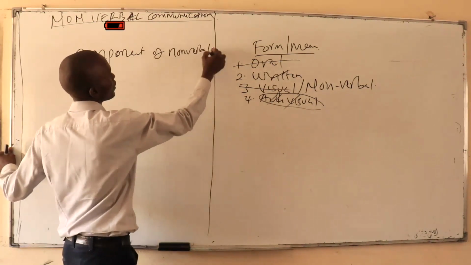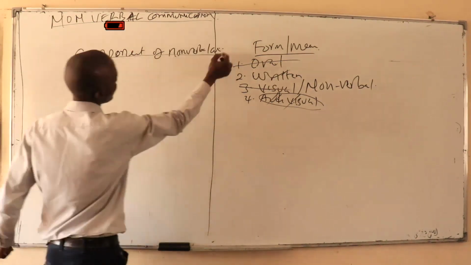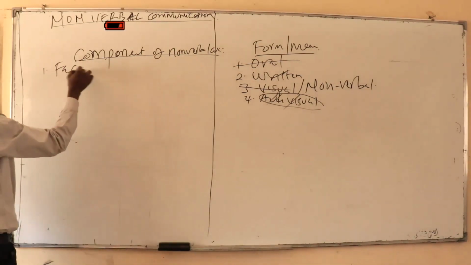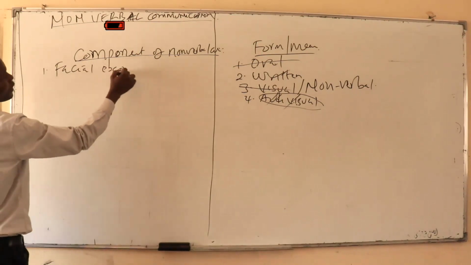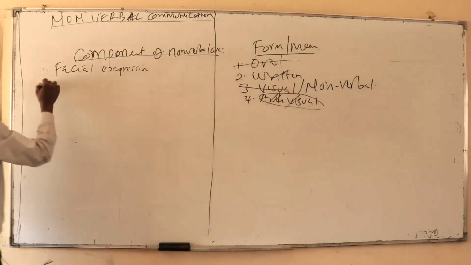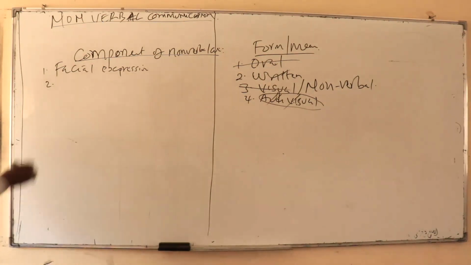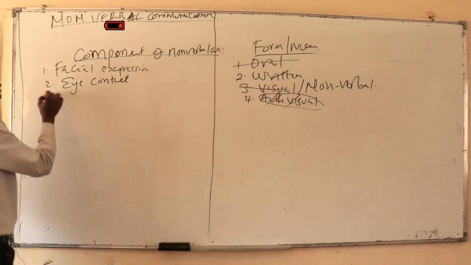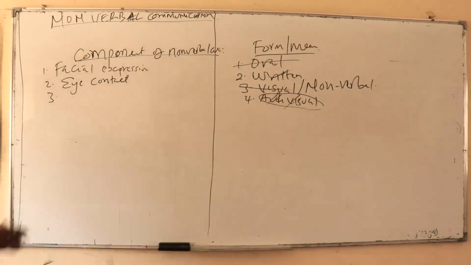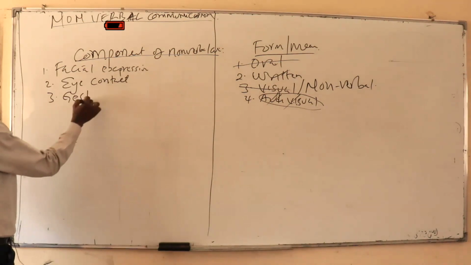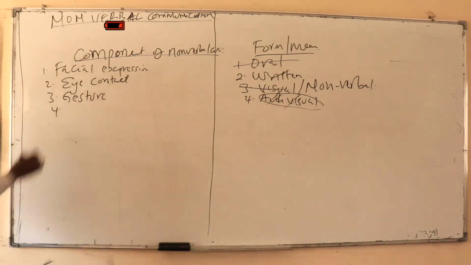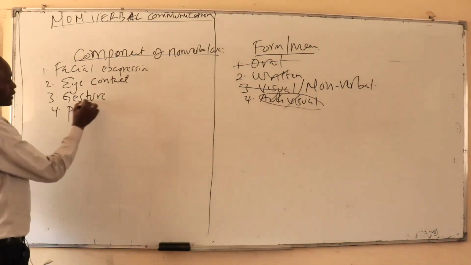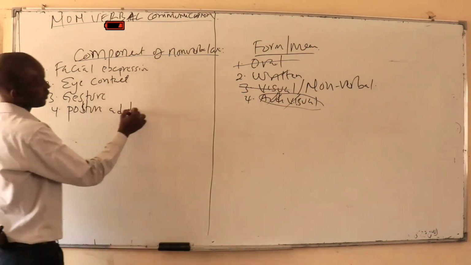So we can list them first before we start to explain each one of them. Number one, we have facial expression. Number two, eye contact. Number three, gestures. Number four, postures and body language.